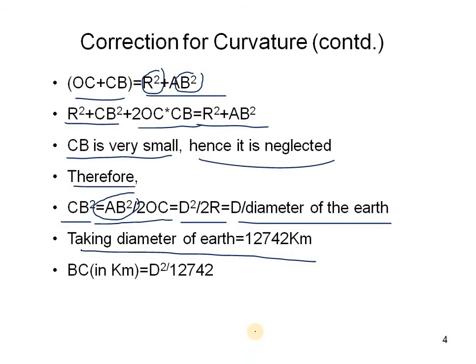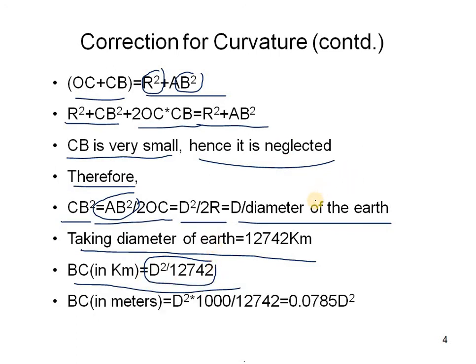So BC in kilometers is equal to D square by, so what is R? We are taking diameter of earth as 12742 kilometers. So D square by 12742 is BC in kilometers.